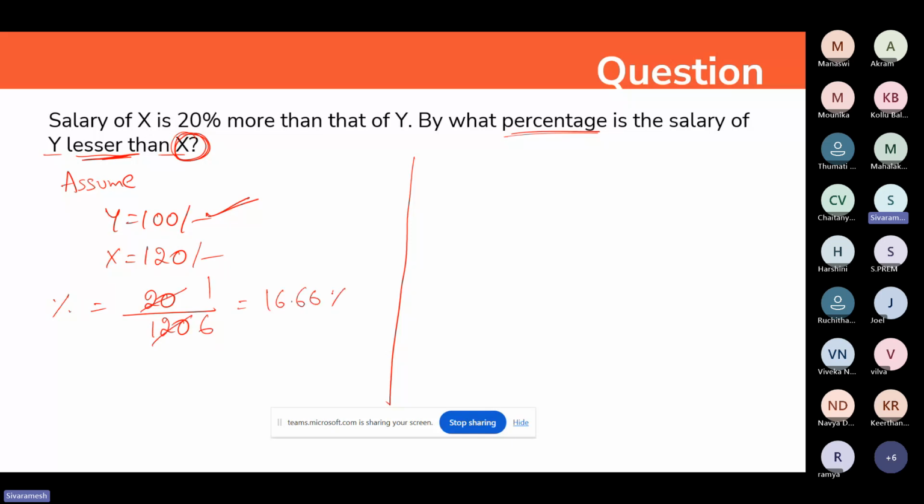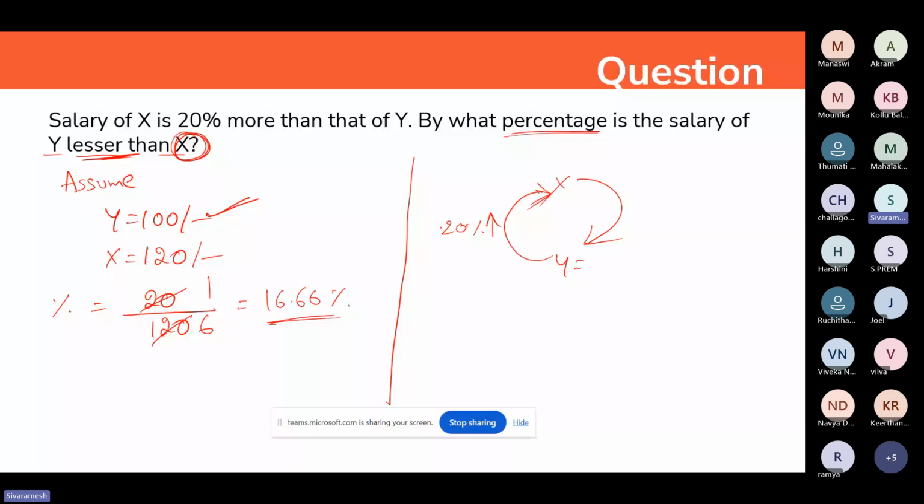And the simplest way, next method. When you observe, we don't know the value of Y and the value of X, but we know that X's salary is 20% more than Y. Now they are asking Y's salary is how much less than X. Obviously 20% more means 20% is getting increased, right?